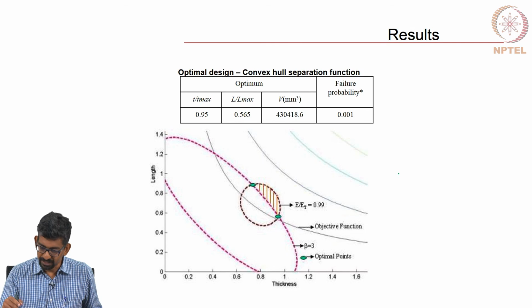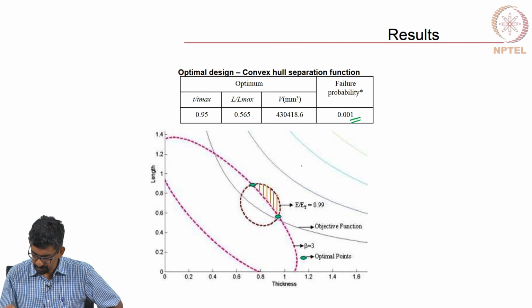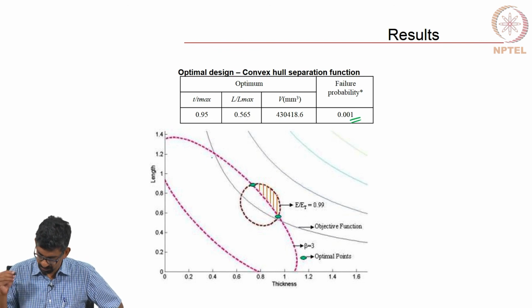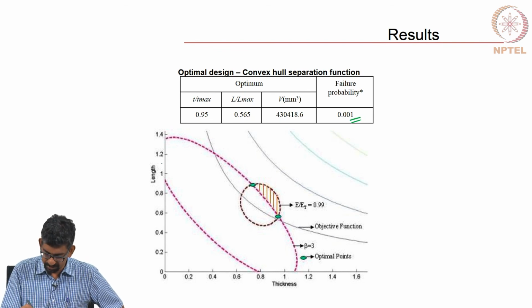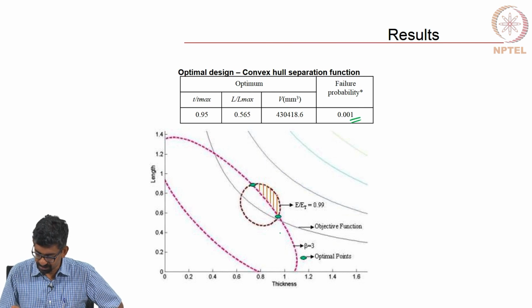Then finally, in this particular study we also did an optimization study, and as you can see we had some failure probability, but interestingly at this point there was a local optima. So, this is the failure probability constraint that we have.